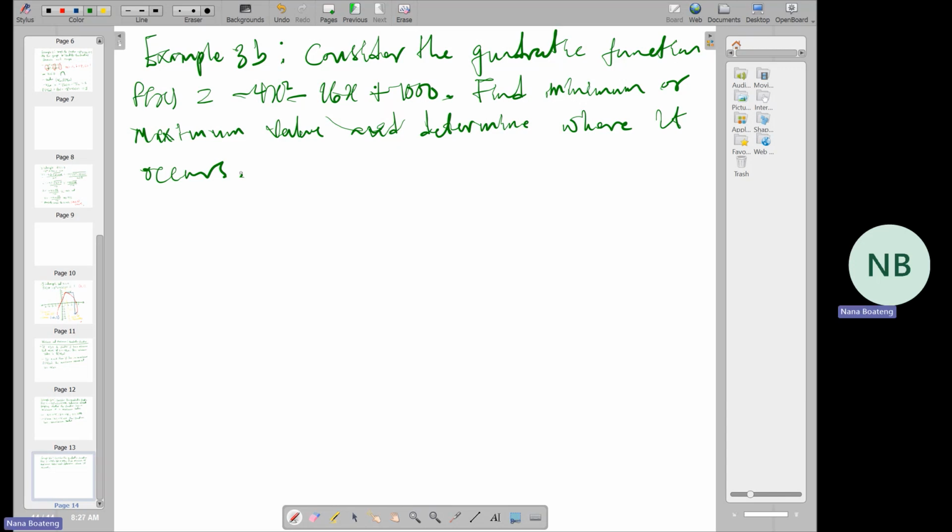So given this function, we can see that a is equal to negative 4, b is equal to negative 16, and c is equal to 1000.